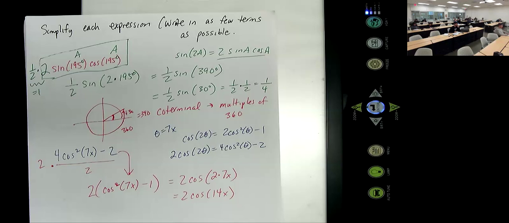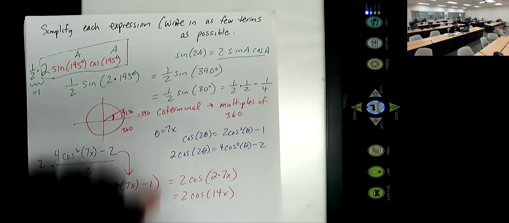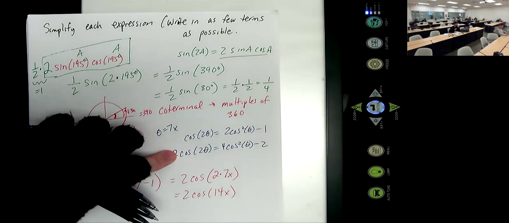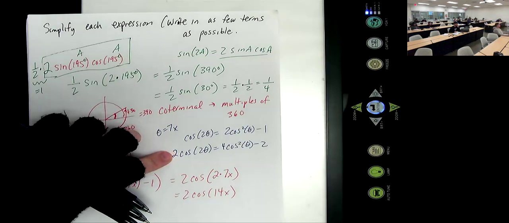No, the cosine squared, we lose the square when we go down to the smaller version.